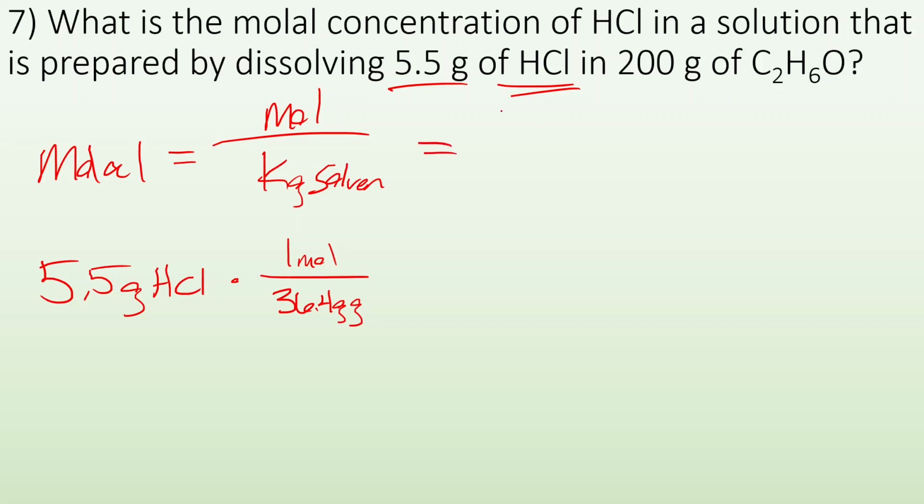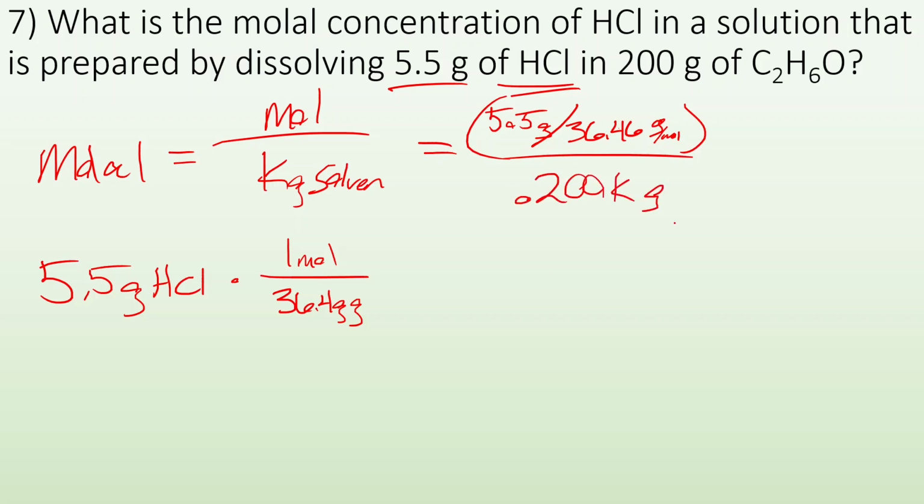So my moles is going to be this 5.5 grams, and instead of having an in-between number, I'm just going to set it all up. 36.46 grams per mole, I'm sorry, I forgot that number. That'll give me my moles, divided by kilograms of solvent, which is 0.200 kilograms. And when I do that, I end up with 0.75 molal as my final answer.